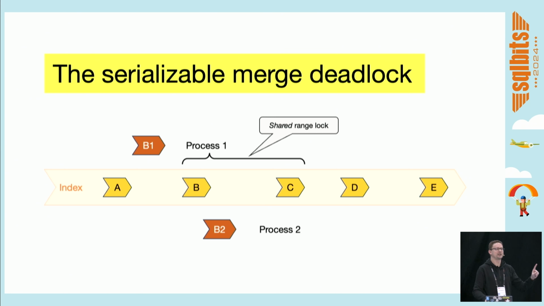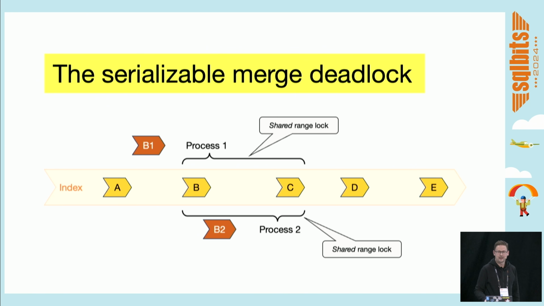A shared range lock means I'm protecting this data so that nothing changes, but others can still look at it, right? So I'm sharing. I'm not holding this as my own personal secret. I'm sharing everything, but you can't change it because I have dibs on it. Now, B2 does the same thing. It applies the same shared range lock on the same place in the database. Now, both processes are holding shared range locks.